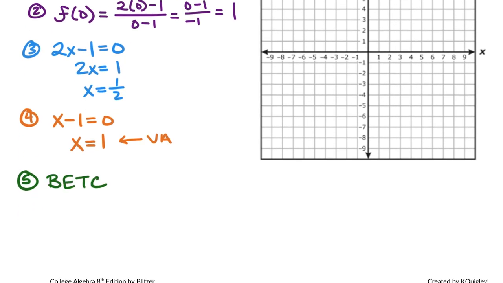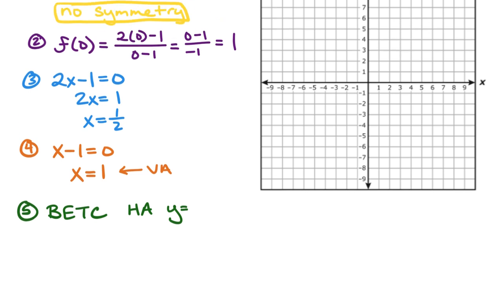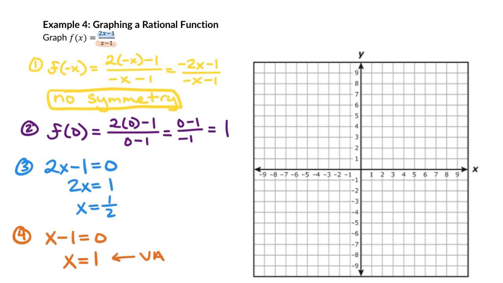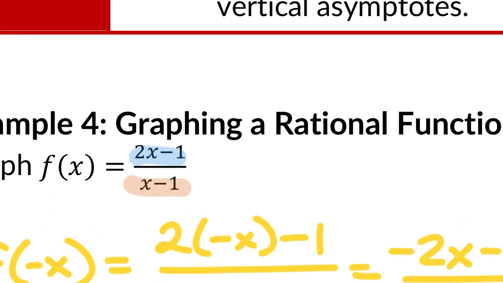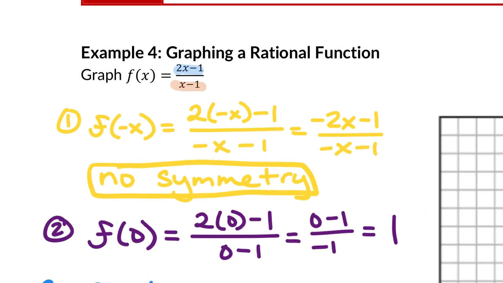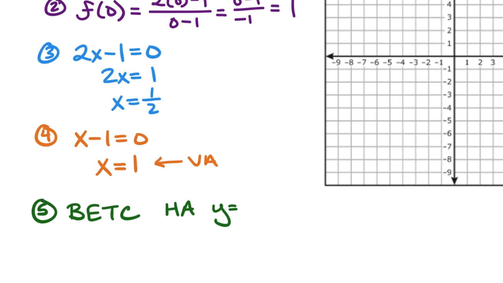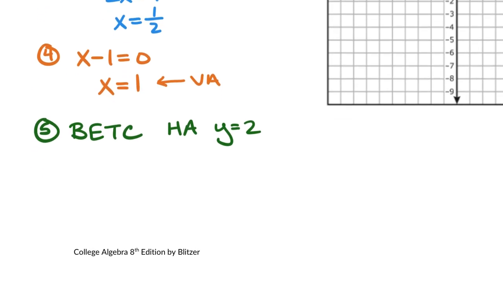Betsy tells me that my horizontal asymptote is going to be at the leading coefficient on top divided by the leading coefficient on bottom. What's the leading coefficient of the top? 2. What's the leading coefficient of the bottom? 1. So 2 divided by 1 is 2. All right, fabulous. So we have that piece of information.